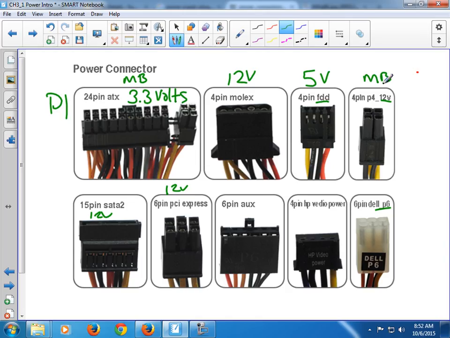There's also an 8-pin P4 connector for your motherboard as well. The P4 stood for Pentium 4, but they're all more than Pentium 4s anymore. So we've got a P4 connector that goes to your motherboard. They can either be 4 or 8 pins. Those are 12. And then we've got all these other ones that are 12 as well.